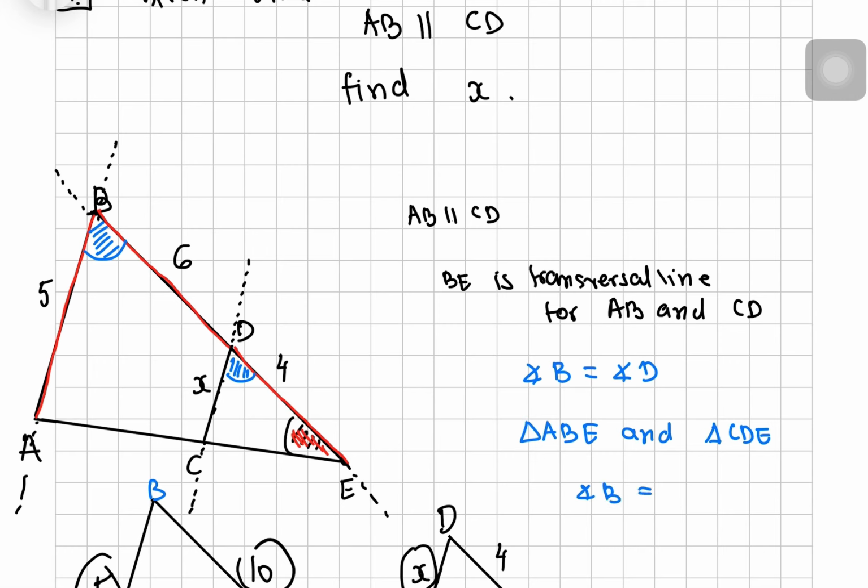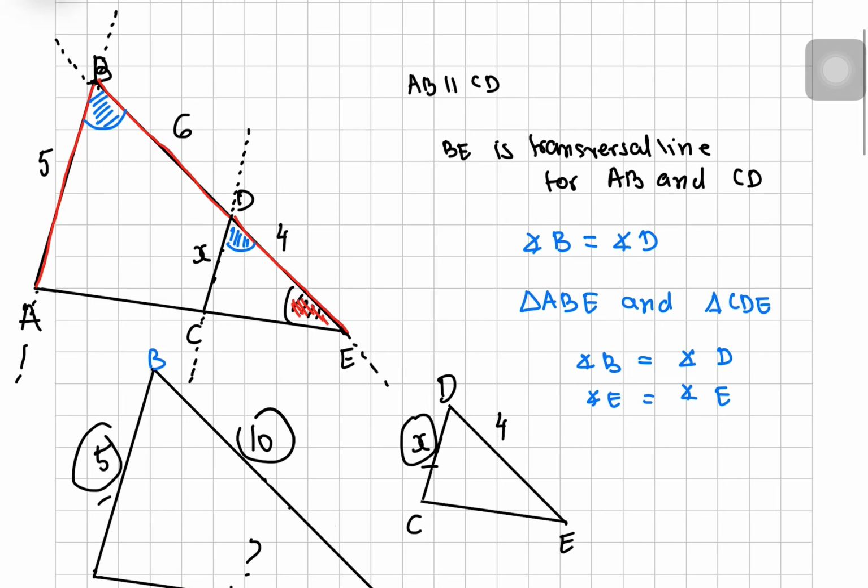So B is the same as D, and the angle at E is the same as angle at E. So the angle is always congruent to itself, which gives us a very important thing, and that is that the triangles ABE and CDE are similar.